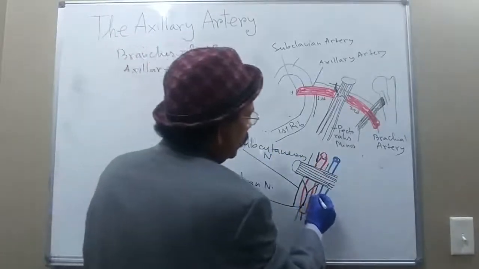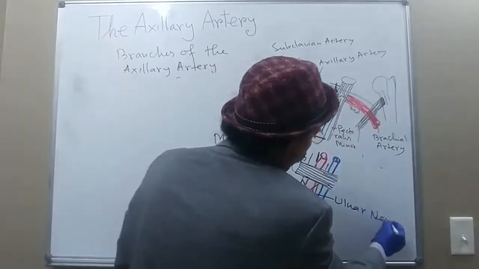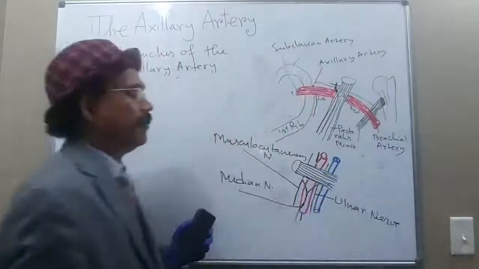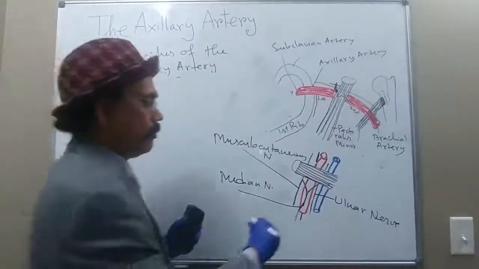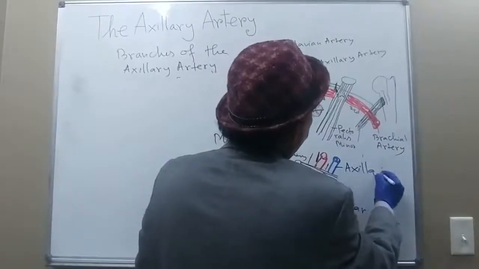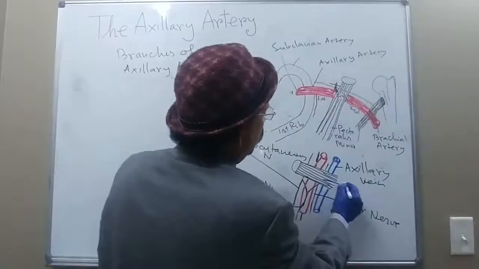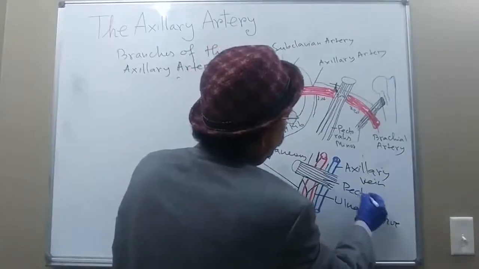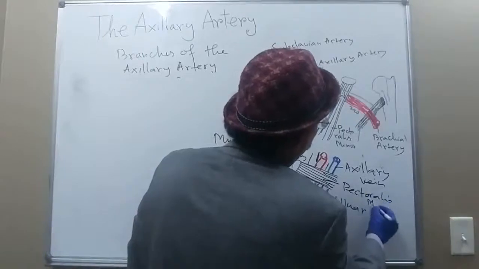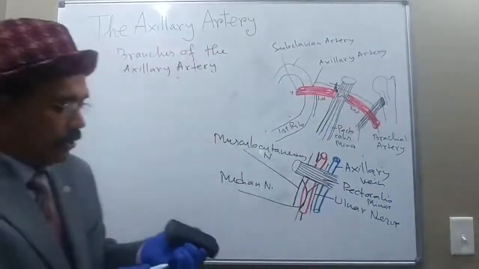We have to remember that the axillary vein is medial to the axillary artery. That is the axillary vein, and this is the pectoralis minor. These are the relationships in a nutshell.